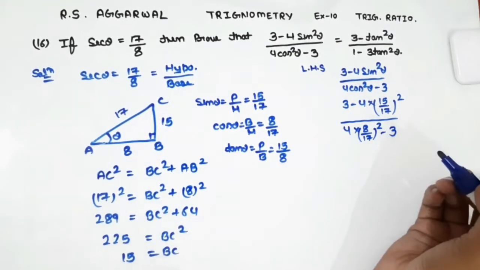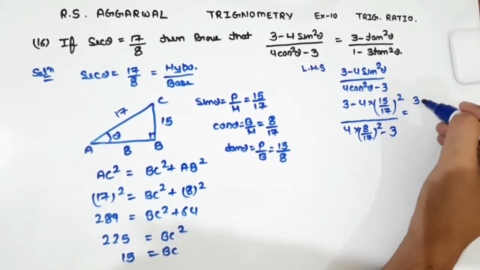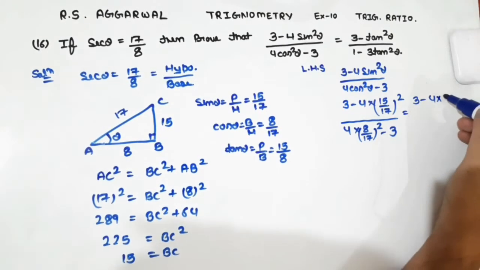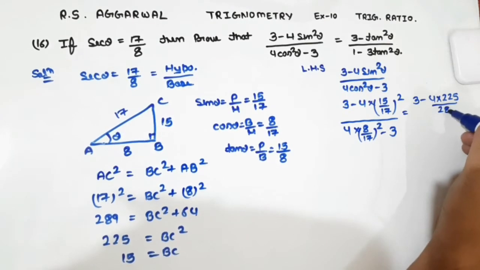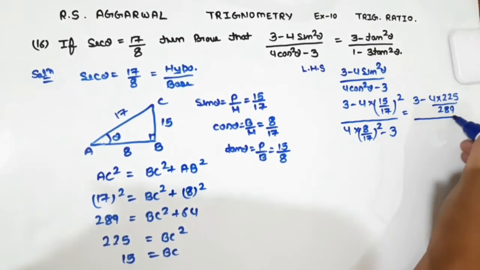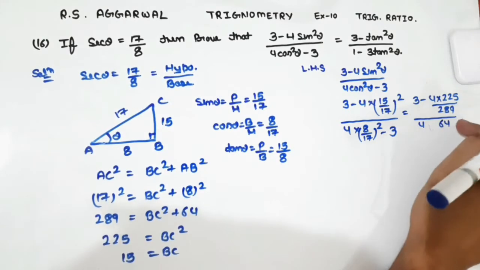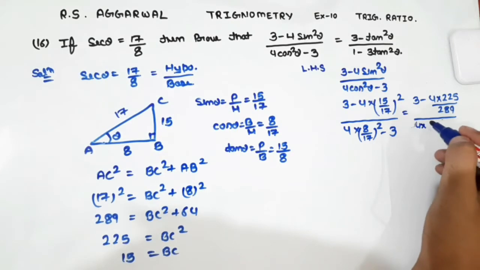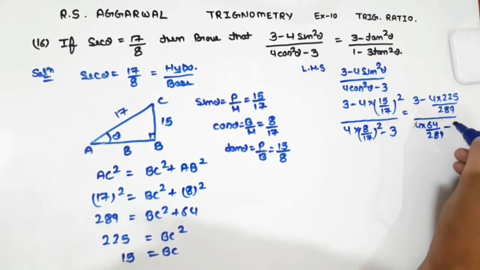So this will be 3 minus 4 into 225 upon 289, upon 4 into 64 upon 289 minus 3. 15 square is 225, 17 square is 289, and 8 square is 64.